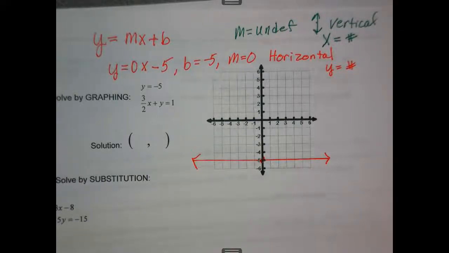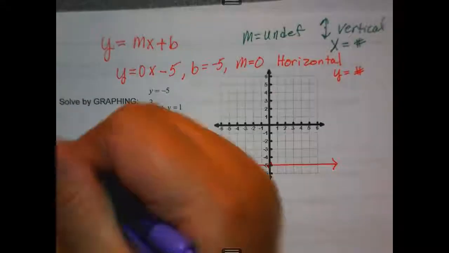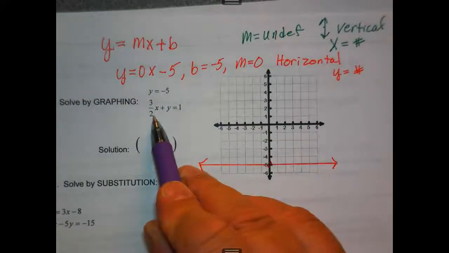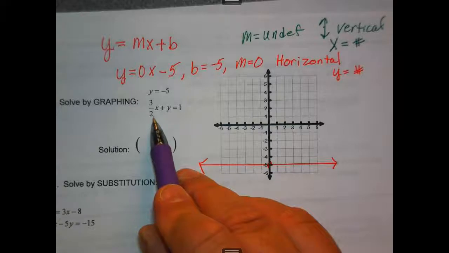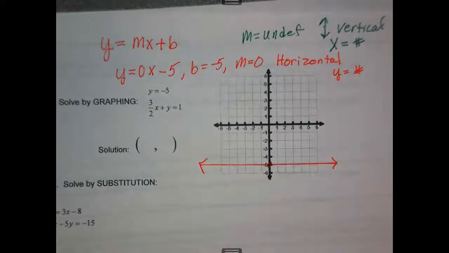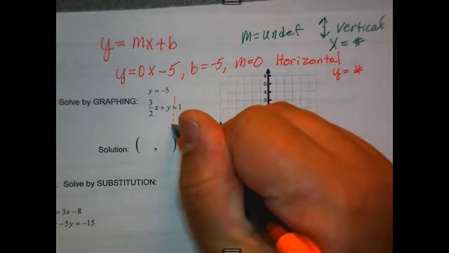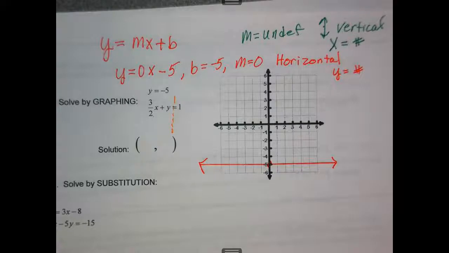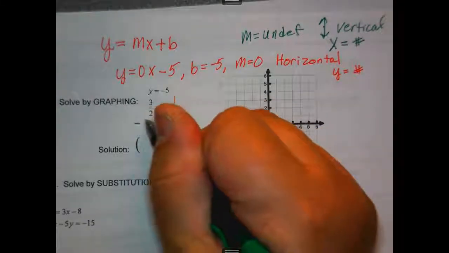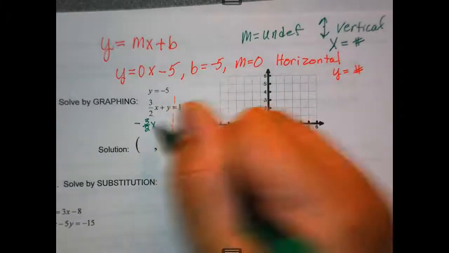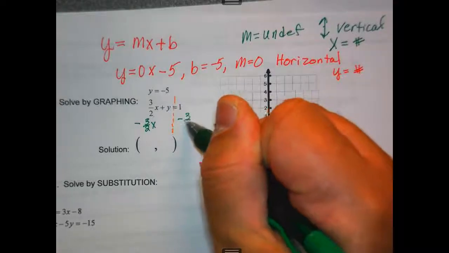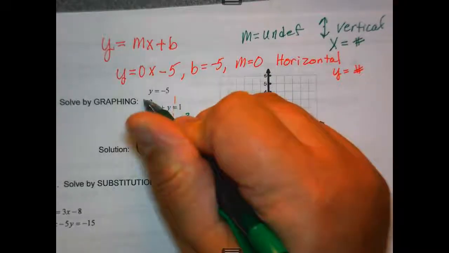Okay, second equation. Is this in y equals mx plus b form? No. How do I make it into mx plus b form? That's right. I'm going to subtract 3/2 x from both sides. That gets rid of this.